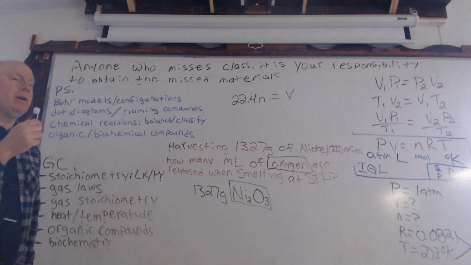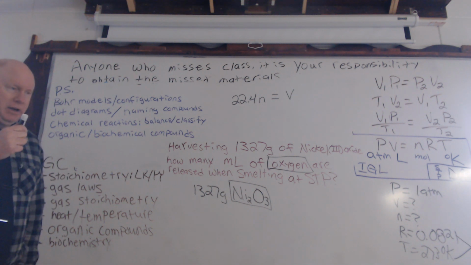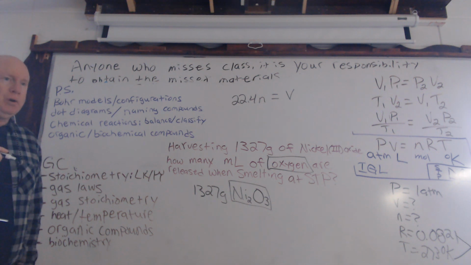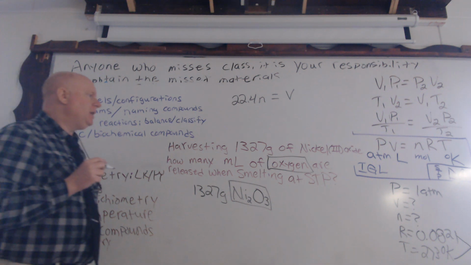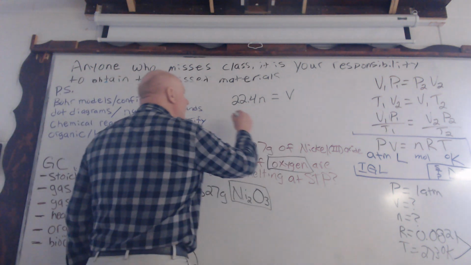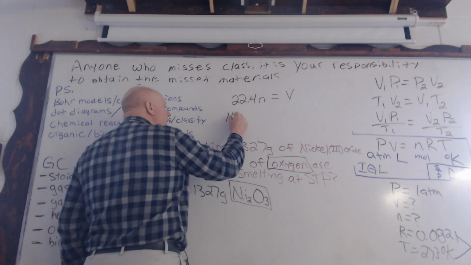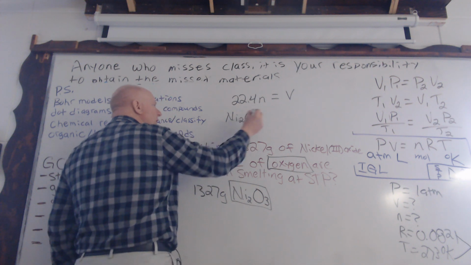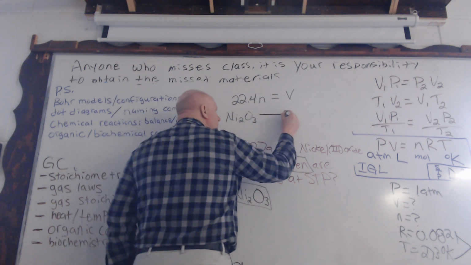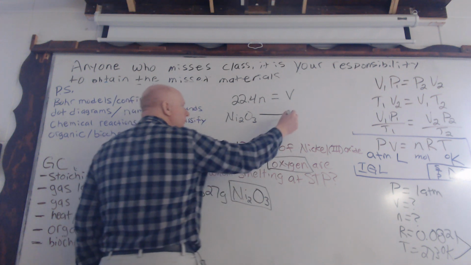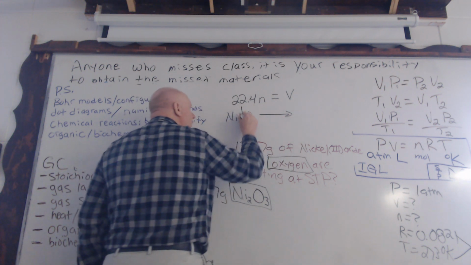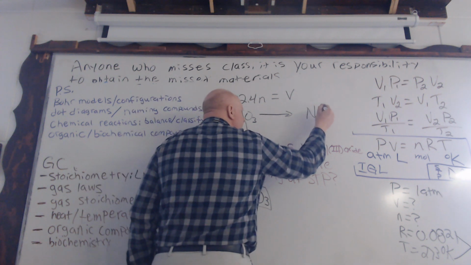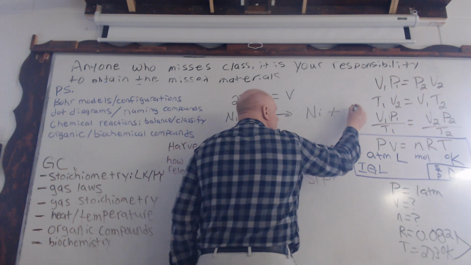Not only that, you have to go through a mole-to-mole ratio. So that must mean that this nickel 3 oxide, Ni2O3, when that is smelting, what are you separating? The oxygen from the nickel. So that leaves us our nickel plus O2.